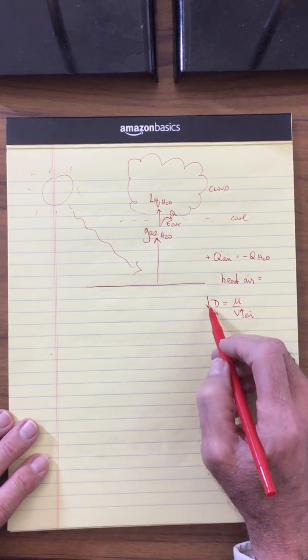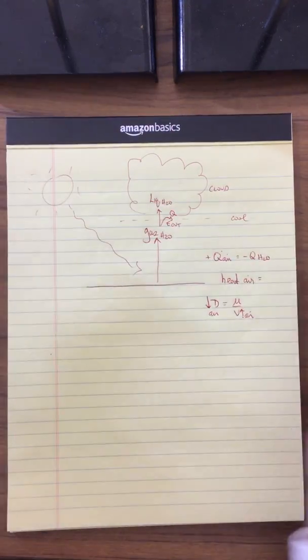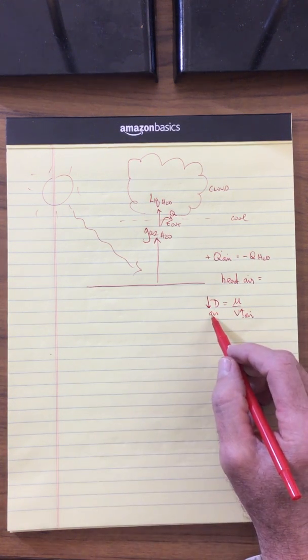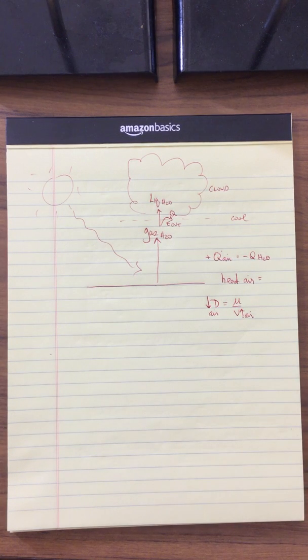And that decreased density of the air surrounding the particles is actually enough to suspend the cloud. A cloud is very, very massive. It weighs hundreds of trillions of tons. But the surrounding density of the air helps to make it buoyant.